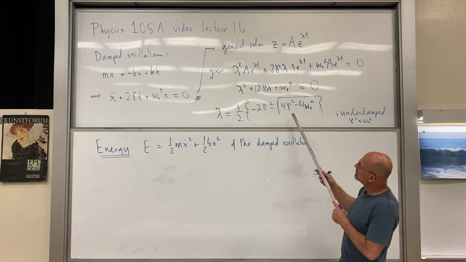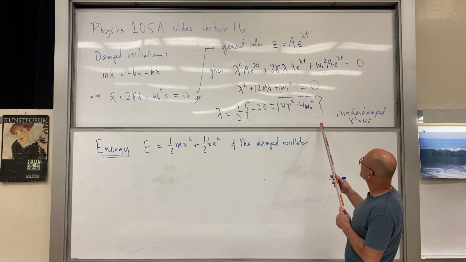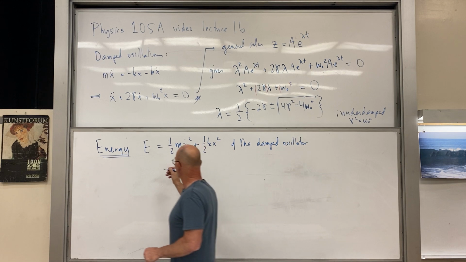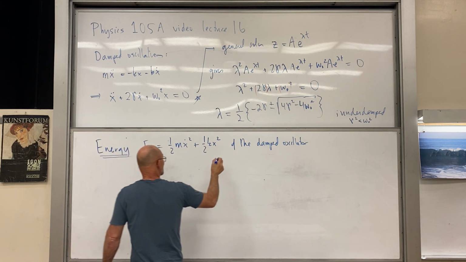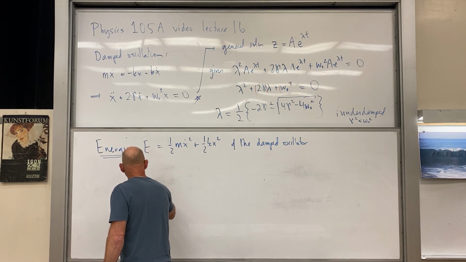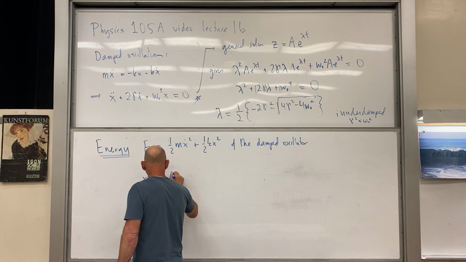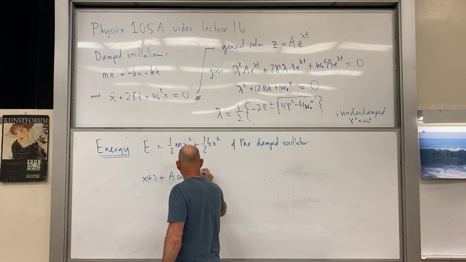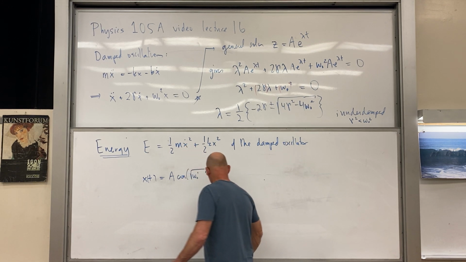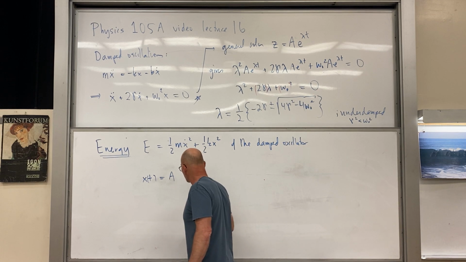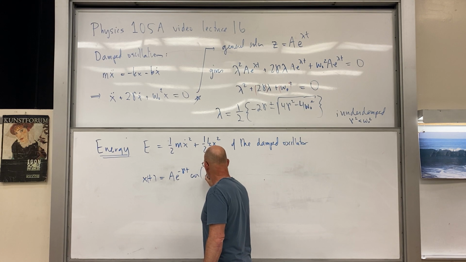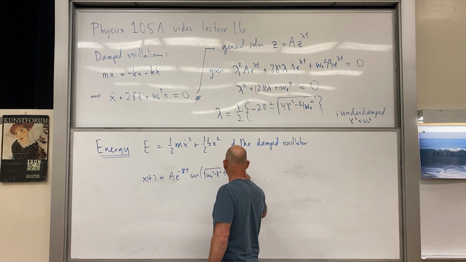but if you want to, do we have the solution up here? Will I erase the solution? Well, we're going to have to rewrite the solution here. So we have x of t equals a e to the minus gamma t cos of root omega naught squared minus gamma squared t plus alpha.